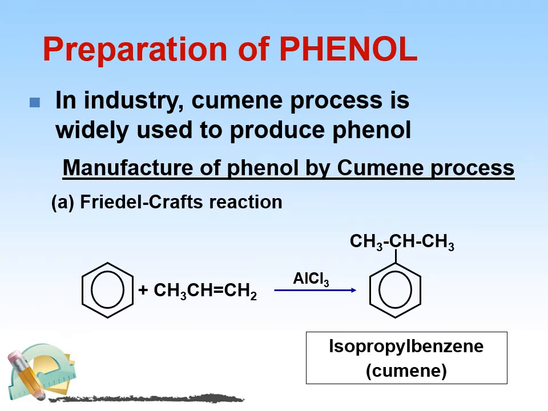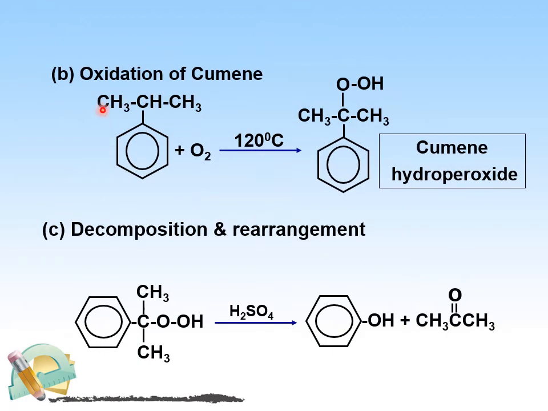Then you are going to do oxidation of Cumene, whereby the reagent is oxygen gas at high temperature, 120 degrees Celsius. We are going to get Cumene hydroperoxide.